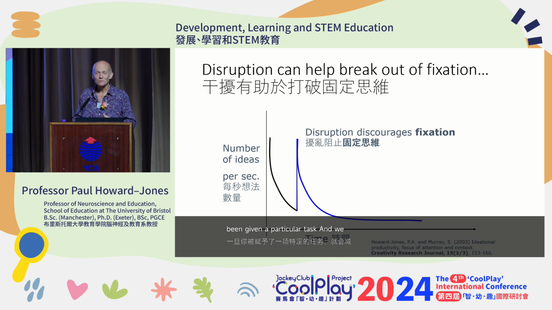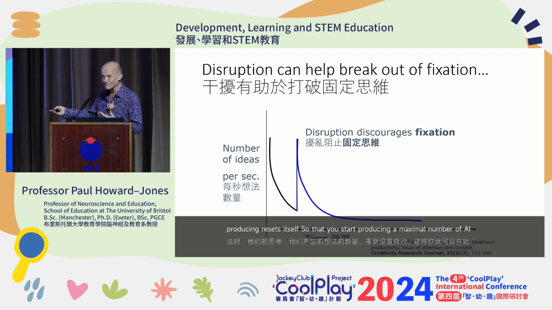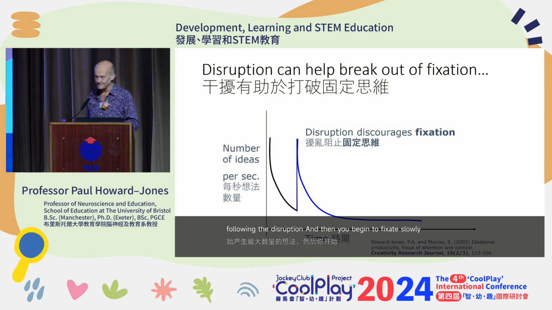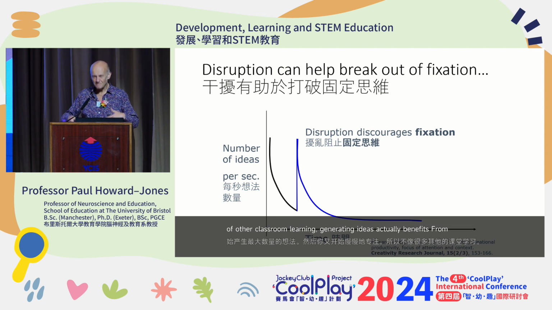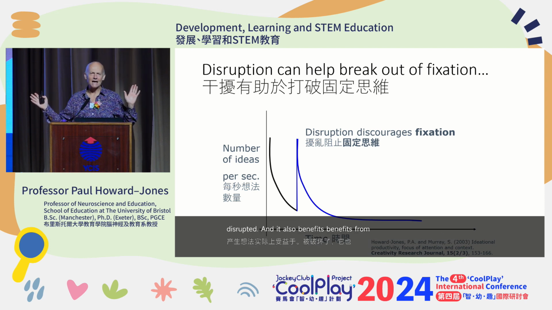And we've found that when you disrupt somebody's thinking, when they're trying to generate ideas, the number of ideas they are producing resets itself so that you start producing a maximal number of ideas following the disruption, and then you begin to fixate slowly again. So unlike a lot of other classroom learning, generating ideas actually benefits from being disrupted, and it also benefits from being completely relaxed as well.